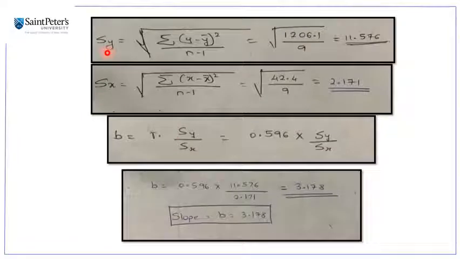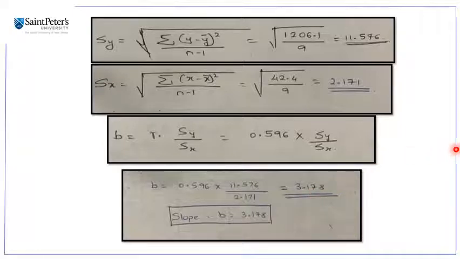Similarly, for standard deviation, we have the formula square root of the sum of y minus y bar whole square divided by n minus 1, and similarly for Sx we have the formula. We put in all the values, and we got 11.576 and 2.171. For the slope we got r multiplied by Sy divided by Sx, and that is equal to 3.178.